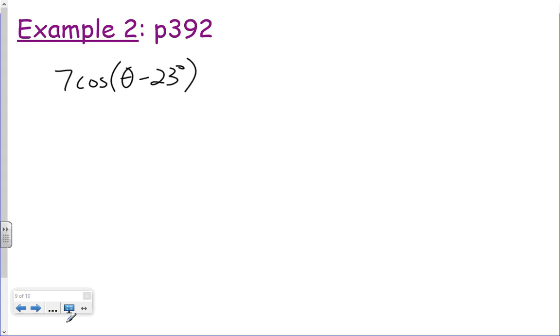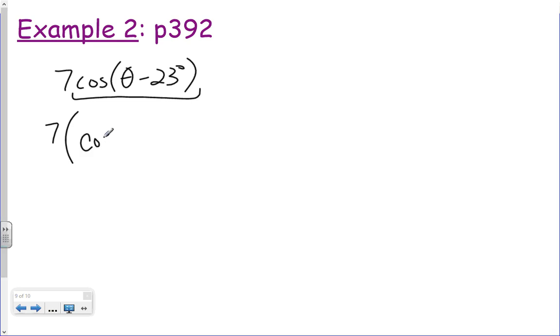So to express this as a linear combination, we're going to just use the property that we just came up with, our composite argument property, to get there. So I can replace this guy right here with the property that we just saw on the previous slide. So I'm going to pull the 7 out front, and I'm going to rewrite the cosine of theta minus 23 degrees.